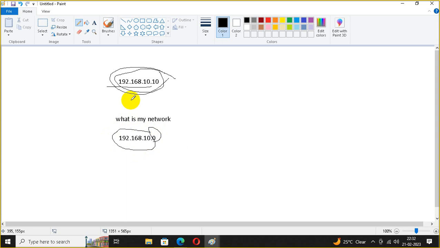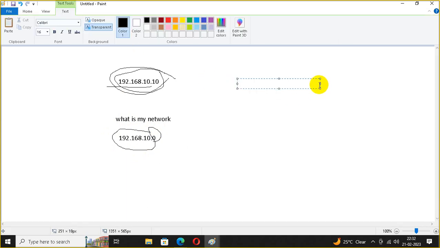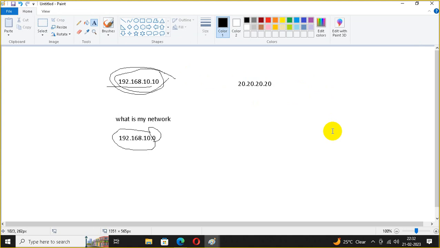Okay. Now if I say the IP address is 20.20.20.20, what will be my network address?